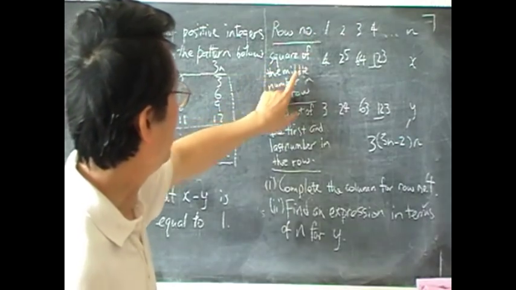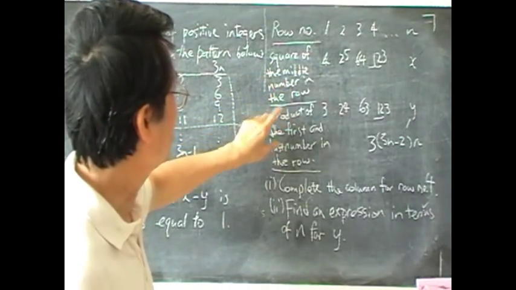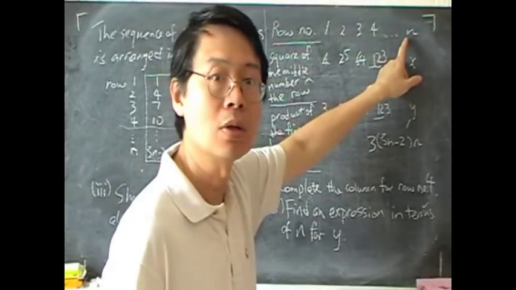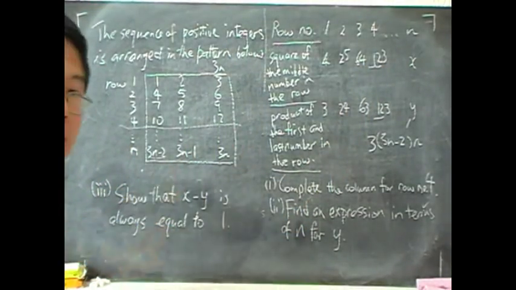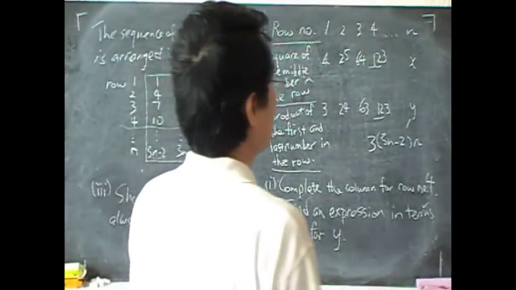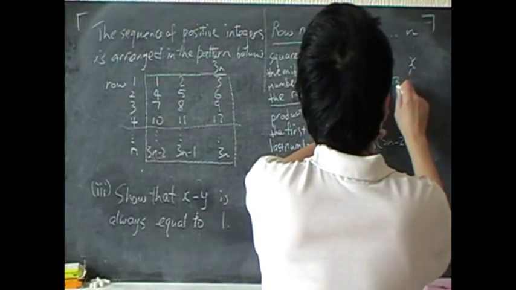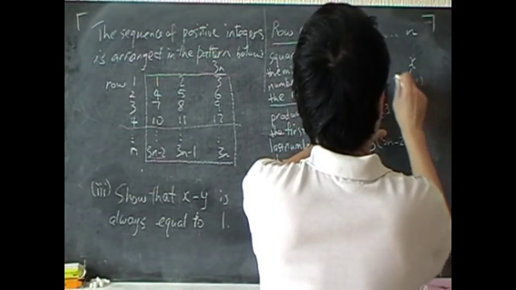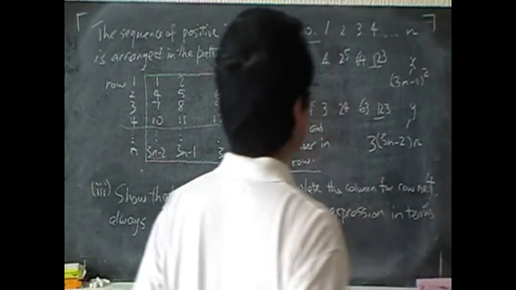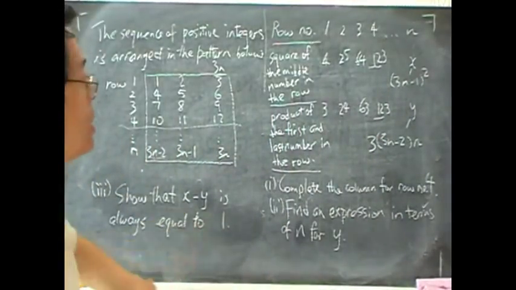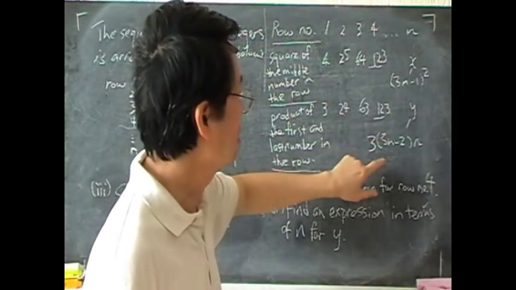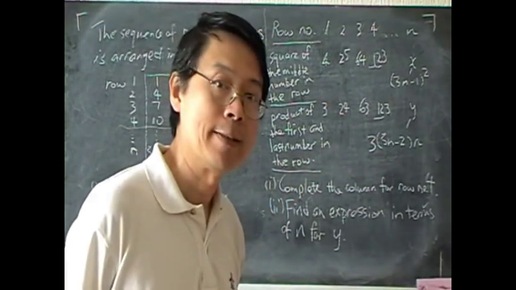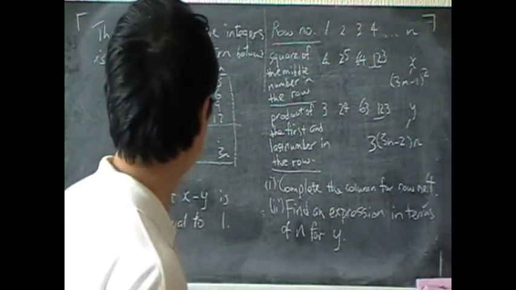X is the square of the middle number in the row n. The middle number is 3n minus 1. So x is the square of that, 3n minus 1 squared. And x minus y is that minus that. So we have some algebra to do here.